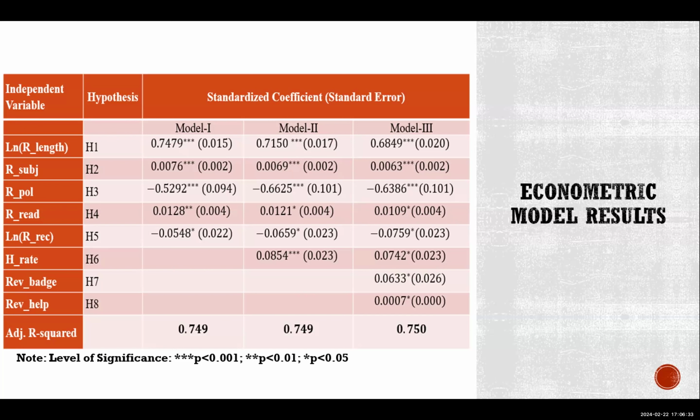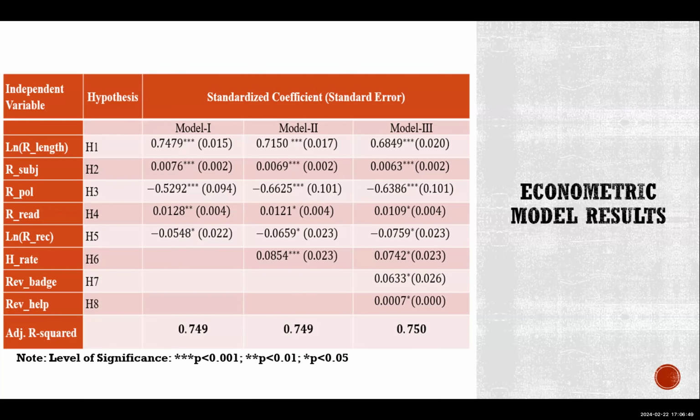And next, we report a positive significant impact of hotel rating, reviewer badge, and reviewer helpfulness. That means the reviews written for a hotel with a higher rating are found to be generally more helpful.